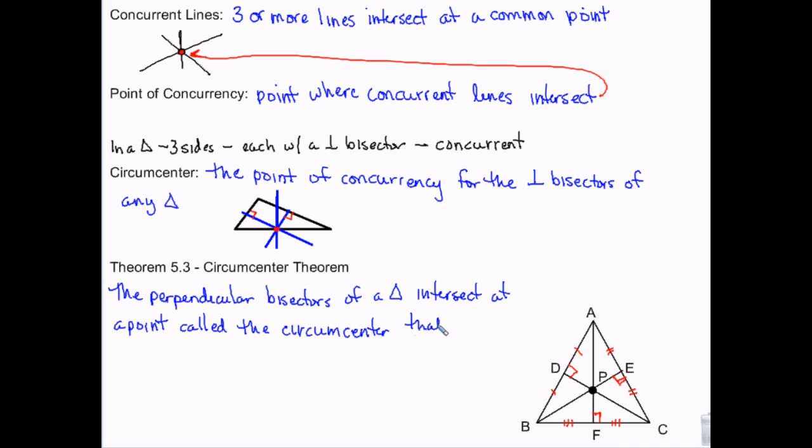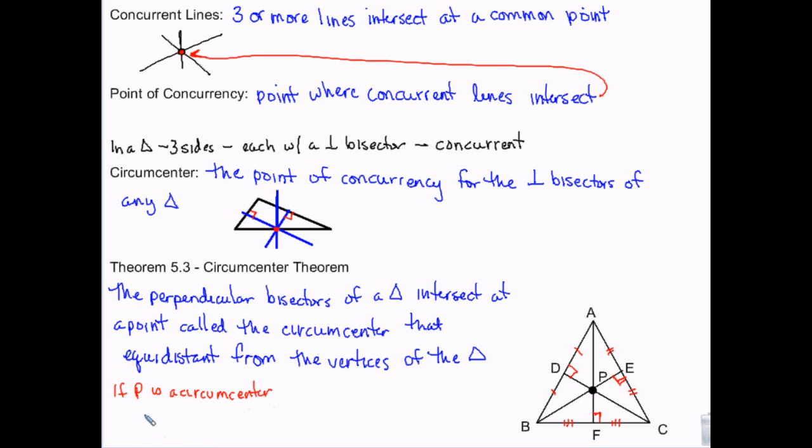And that point is equidistant, so equally distant, from each vertex. Okay, so if this is our circumcenter, so if P is a circumcenter, AP is going to be the same distance as BP is going to be the same distance as CP.